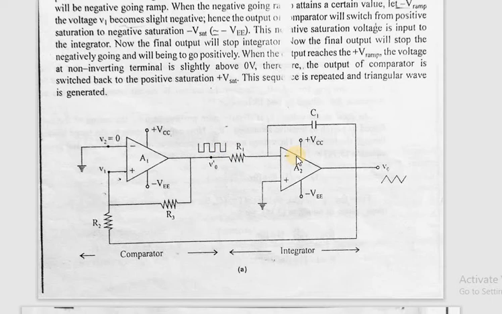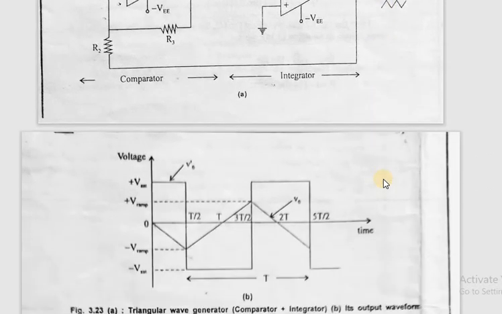This makes the wave at the output of the integrator become positive going. We can see this by a diagram. Initially we had placed the output at plus Vsat, and the output of the ramp starts from 0 and keeps on going to the negative side.